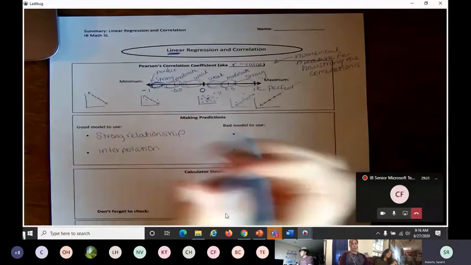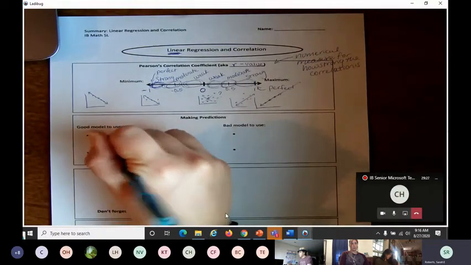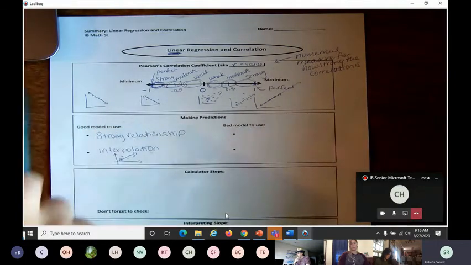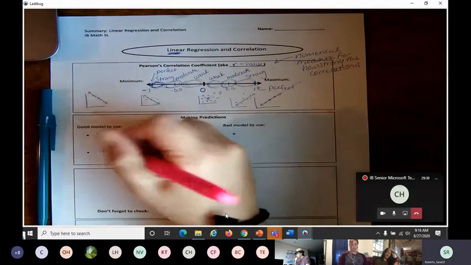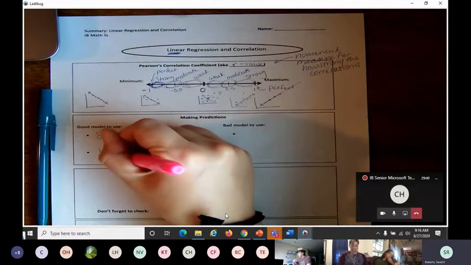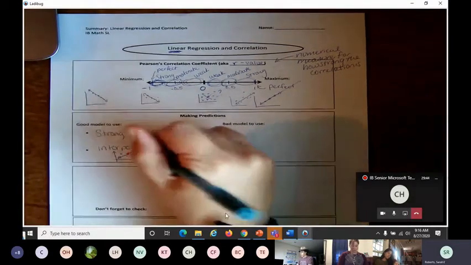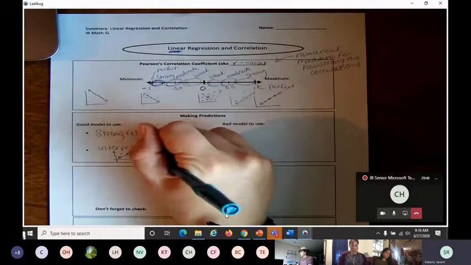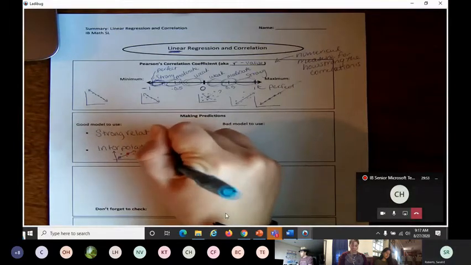This is when we have given data points that we know, we have a pretty strong relationship, and maybe we want to guess a data point that's within the given data. So interpolation is when you guess something within given data.